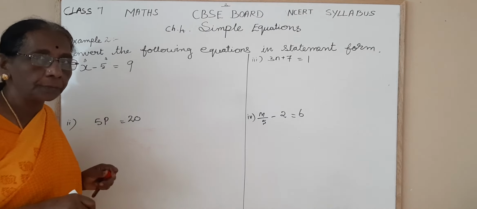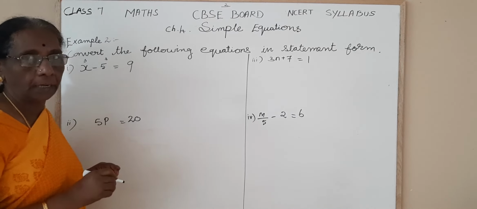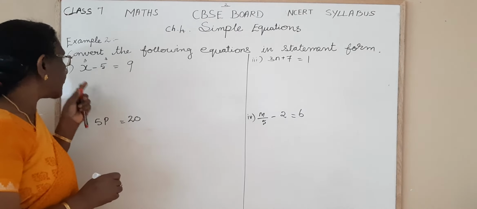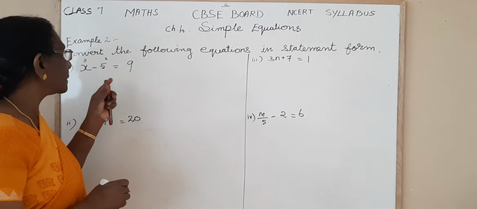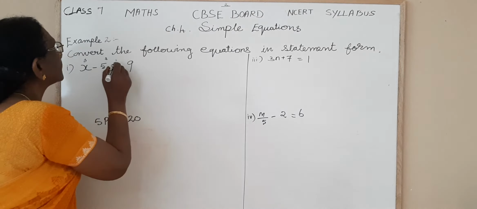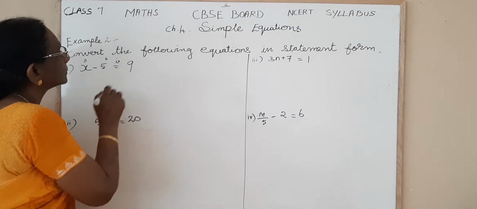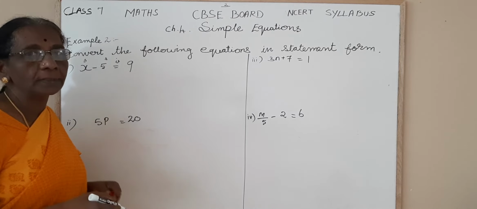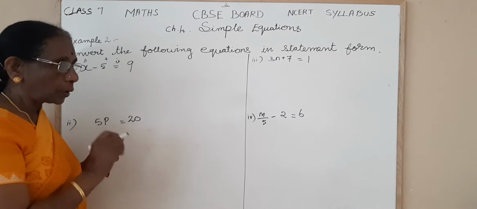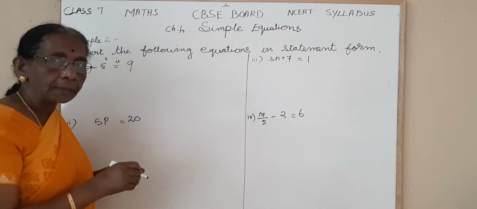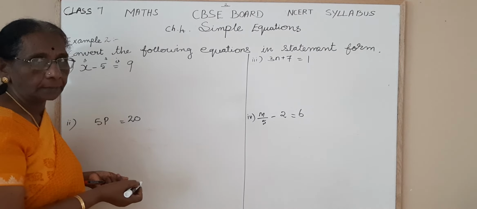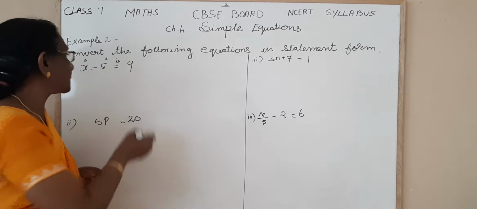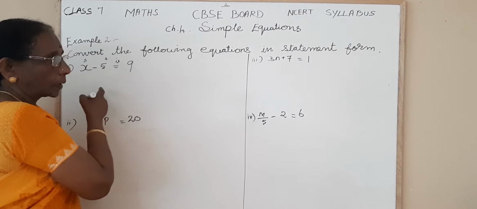If you use the word difference, the difference between a number x and 5 equals, means what? Is 9. In other words, if you use subtract, what are you going to subtract? 5. From what? x.